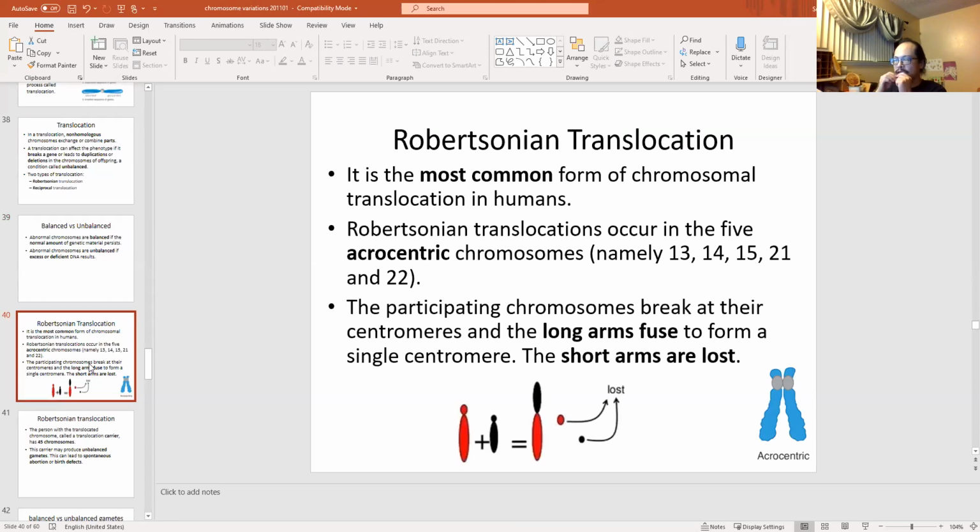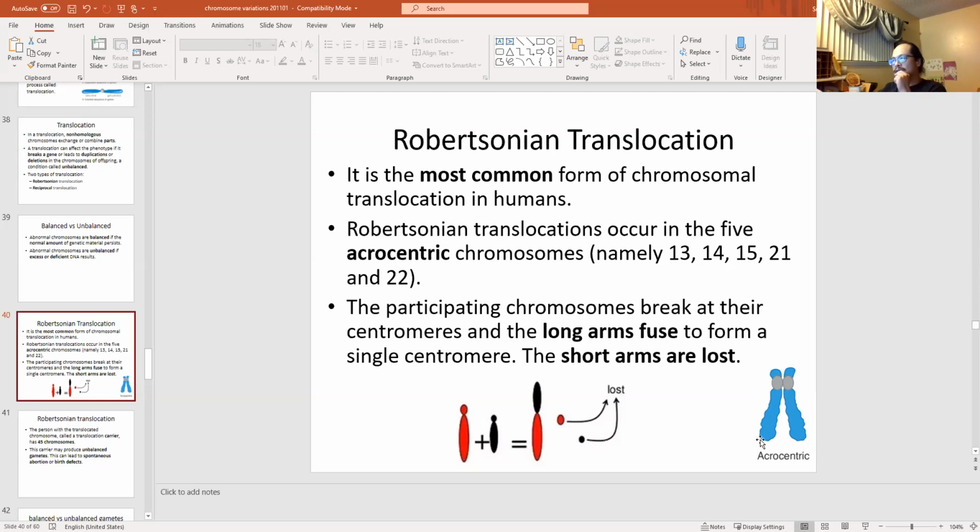So let's first look at the Robertsonian translocation. This happens with the acrocentric chromosomes. We talked about there being four major types of chromosome, classified based on the short arm and the long arm. With acrocentric, the short arm, the P arm, is very short, or barely visible.